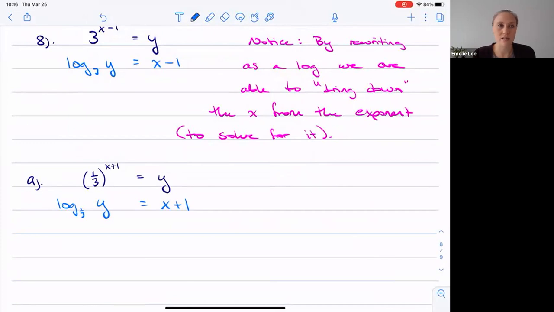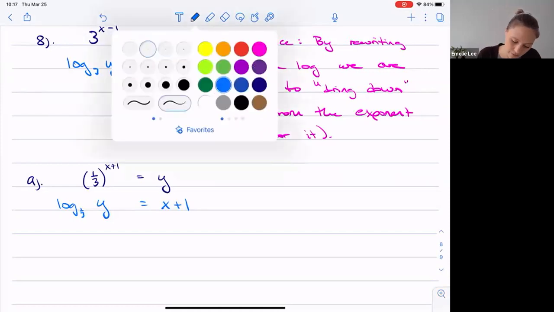It's taken me years of practice to have this rhythm of rewriting an exponent as a log. Otherwise, I used to have it on a scrap piece of paper somewhere when I was doing my homework in the beginning. So definitely take your time and figure out how to rewrite these exponents as a logarithm.